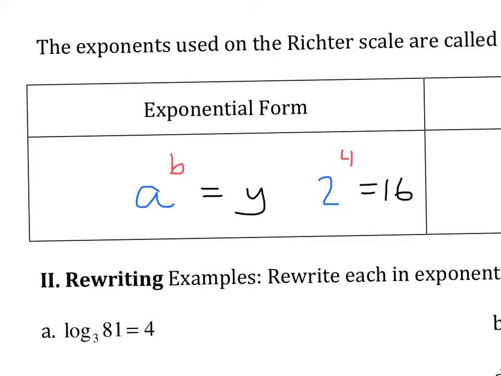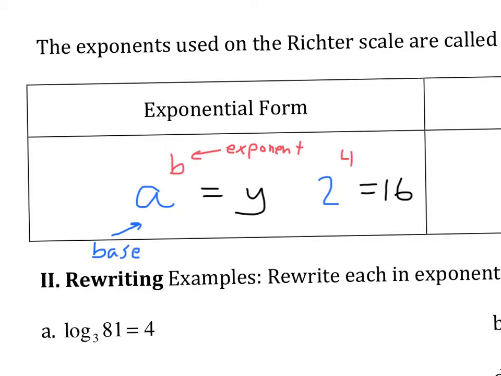But of course, we were trying to figure out how do I get to the b? How do I get to the exponent from the position that I'm in? So for example, if I had an x right here, how would I undo that? Well, let's just refresh real quick. This right here is called my base. The big number is my base. This number here is called my exponent. And of course, the equal sign is your equal sign.